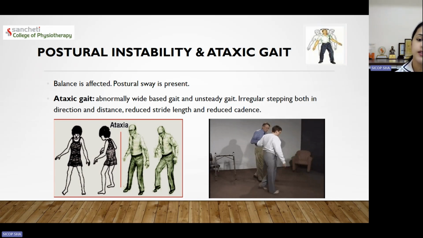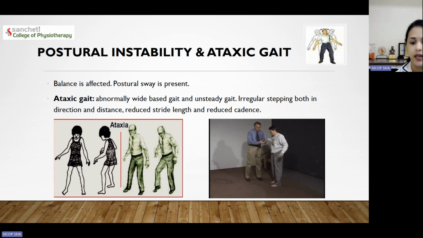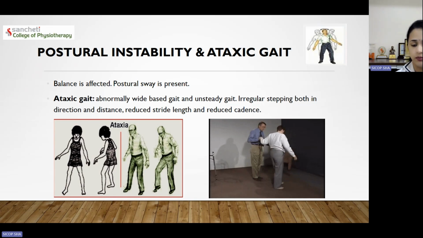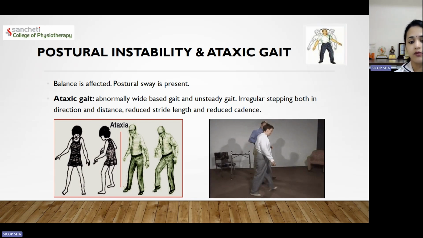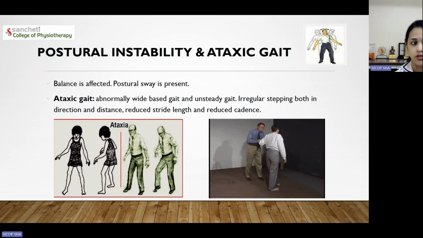Because of this, their balance is affected. Now, when the postural instability is there, both the static and dynamic balance is affected. Okay, that's why the patients are highly unsteady. Okay, we have to be very careful when we are treating the ataxic patients.